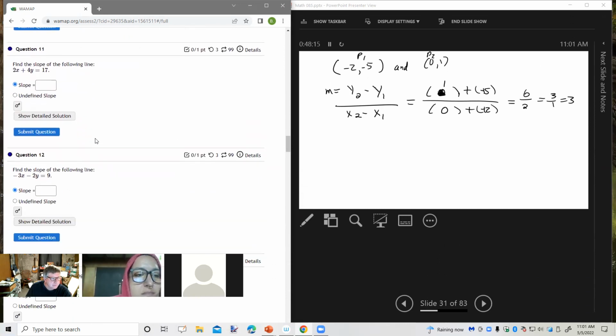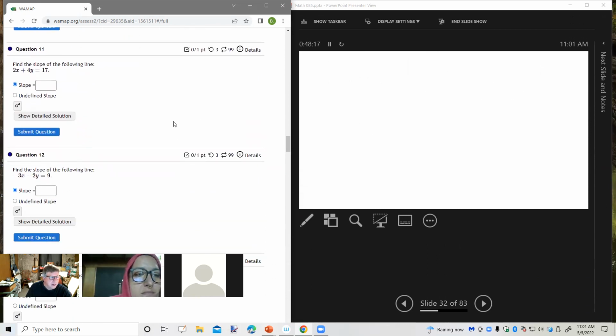All right, now something entirely different. It says find the slope of the following line. And I'm not going to do this problem, but I'm going to do one similar to it. Let's say we have the following equation: 3x plus 4y equals 12.